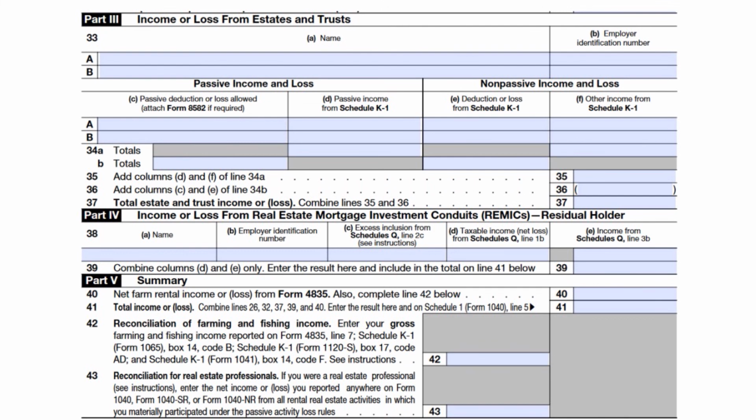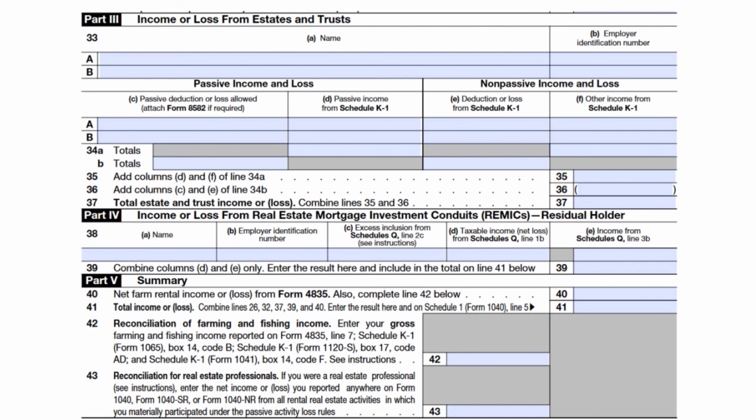Now part 4 is the income or loss from real estate mortgage investment conduits, the REMICs. This is if you are a residual holder, so it's only one line here. You put the name and the employer identification number. You have to put if there is an excess inclusion from Schedule Q, line 2c.